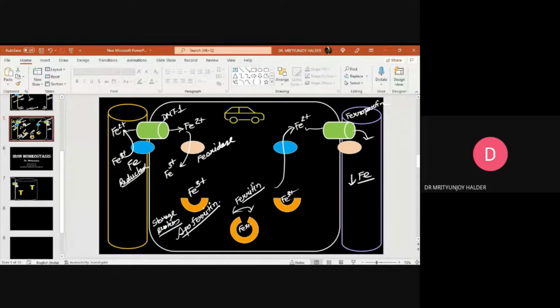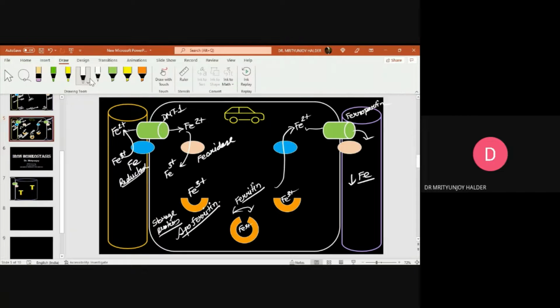So at the time of need, this ferritin molecule releases the ferric form, and that ferric form, with the help of iron reductase, converts into the ferrous form.